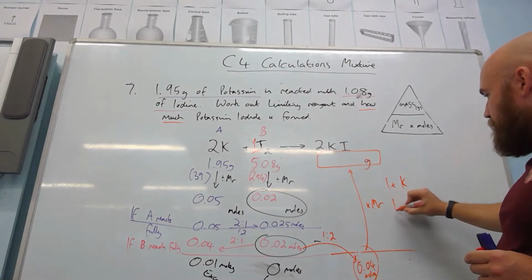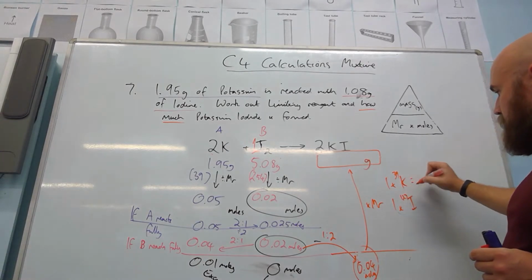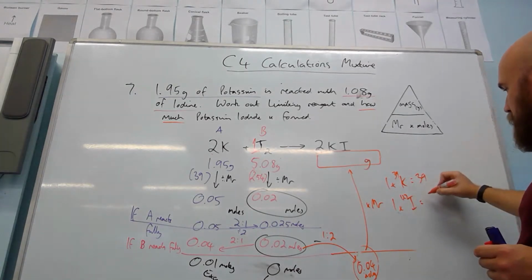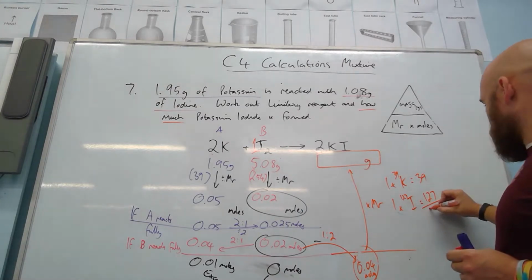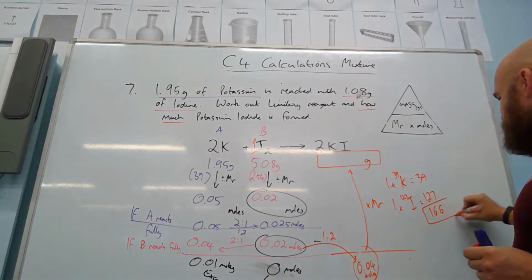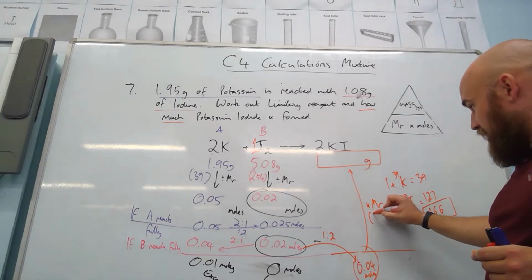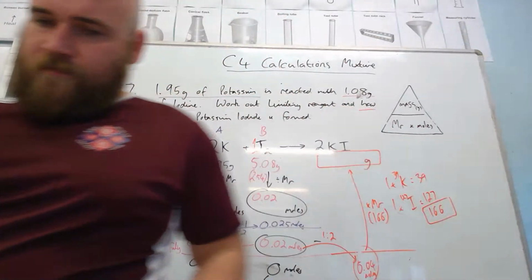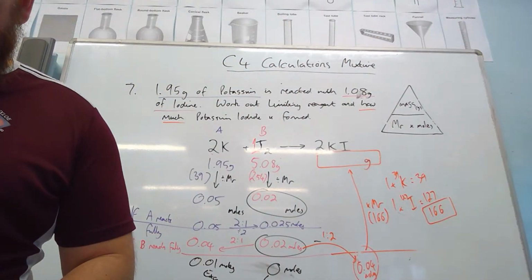Well, it's 1 K, 1 I. Potassium weighs 39. 1 iodine weighs 127. Add them together, you end up with 166. So the MR is 166. So 0.04 times 166 will hopefully give me an answer. Ooh, there we go.